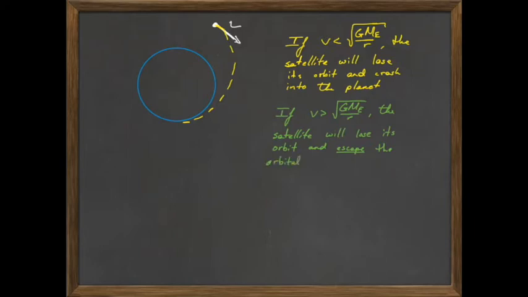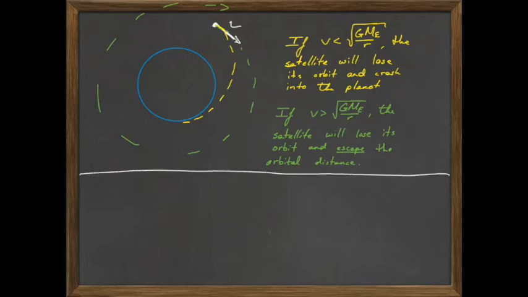If it's going too slow, it'll spiral inward until it finds a stable orbit. Of course, if it's going extremely fast, it'll escape the orbital paths altogether and fly off into space. And if it's going too slow for any of the orbital paths, it'll just crash into the Earth. That's the importance of knowing what this expression for orbital speed means.